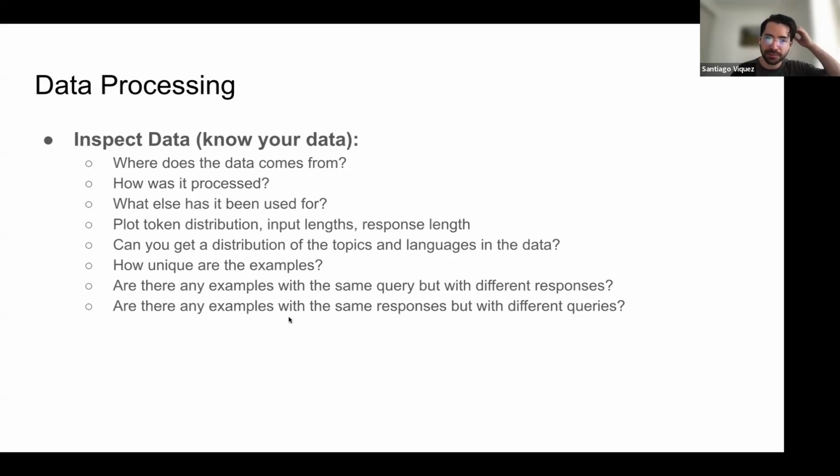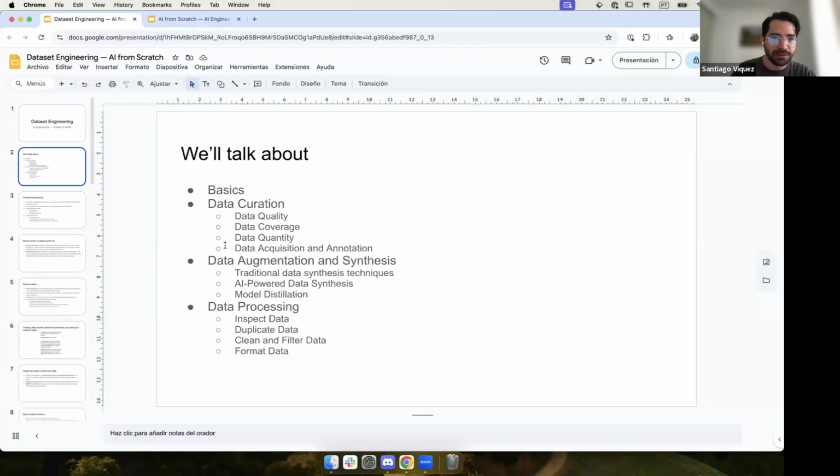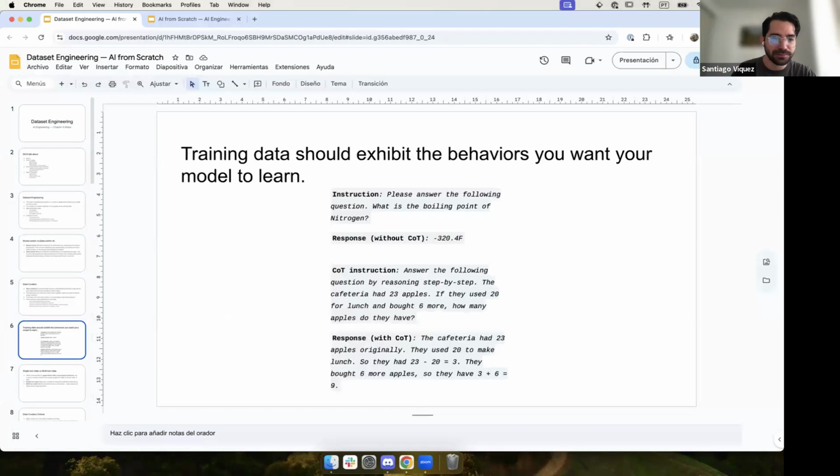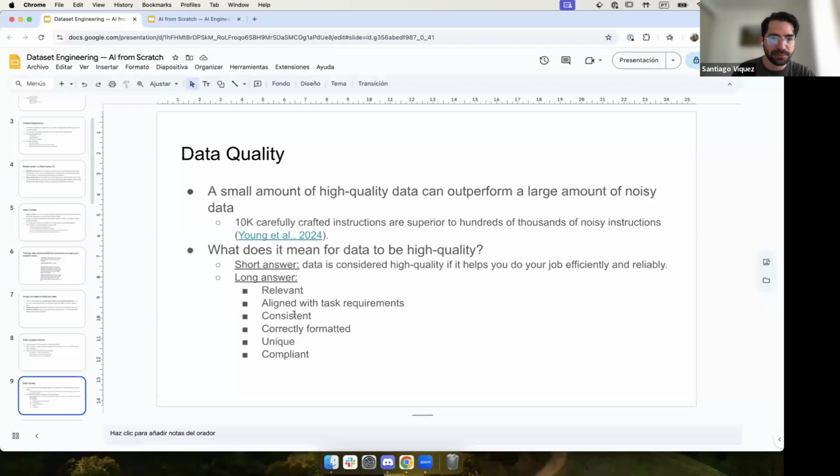How unique are the examples? Are there any examples with the same query but different responses? And also, are there any examples with the same response but different queries? That is also going to teach you about the consistency of your data.